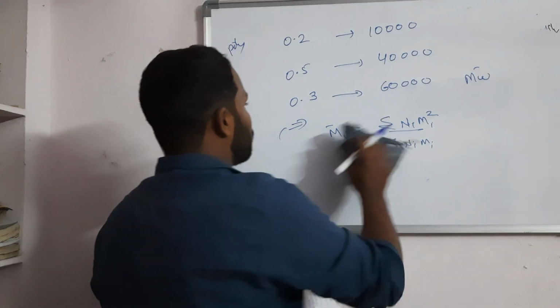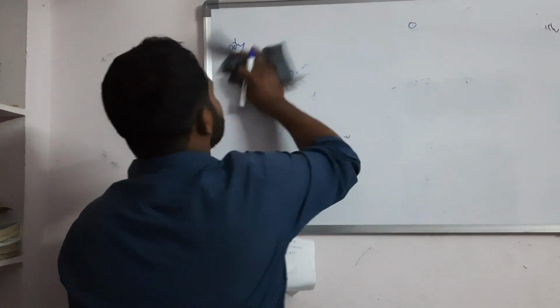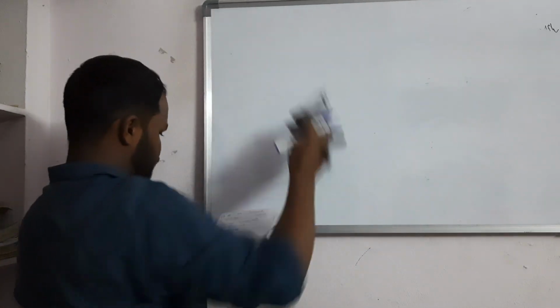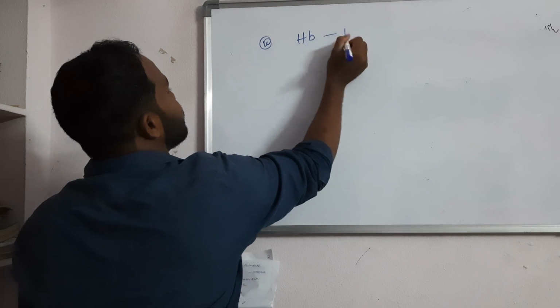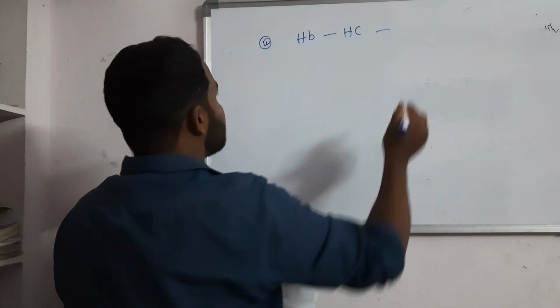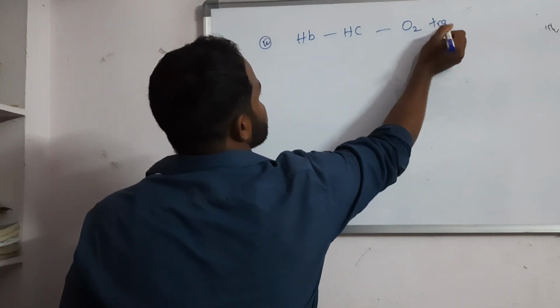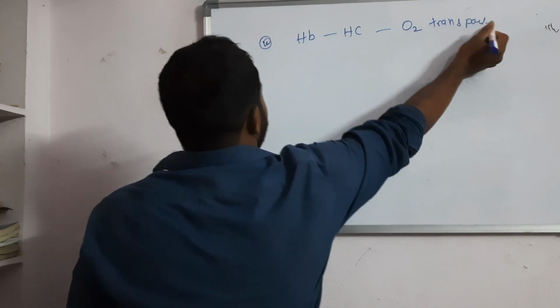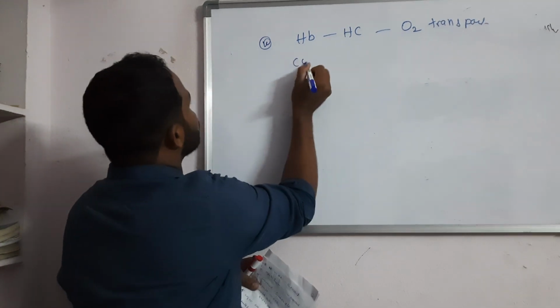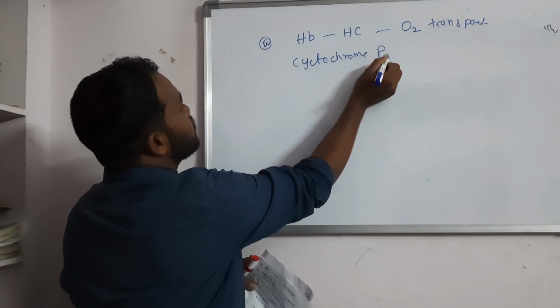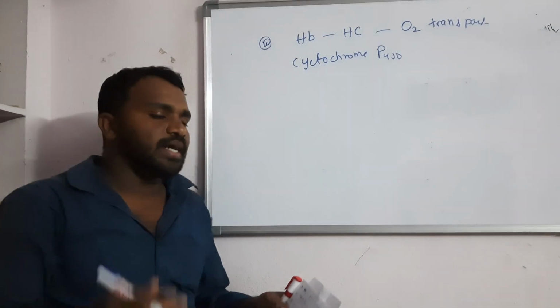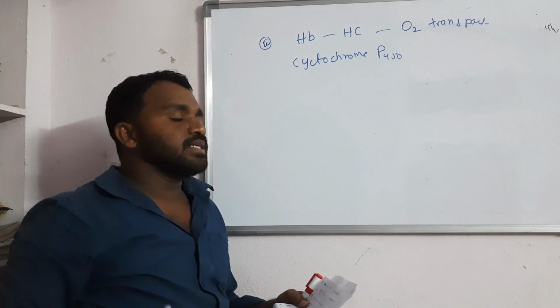Next question, match the following, right? Hemoglobin, hemocyanin are related to oxygen transport. Another option is cytochrome P450, and they given azurin and tyrosine, electron transport.